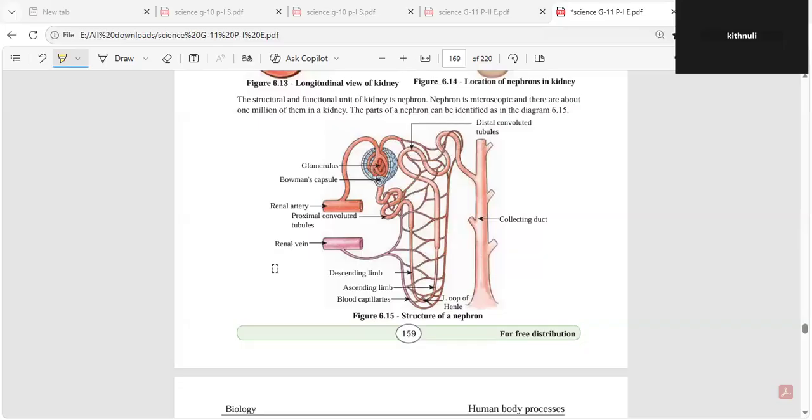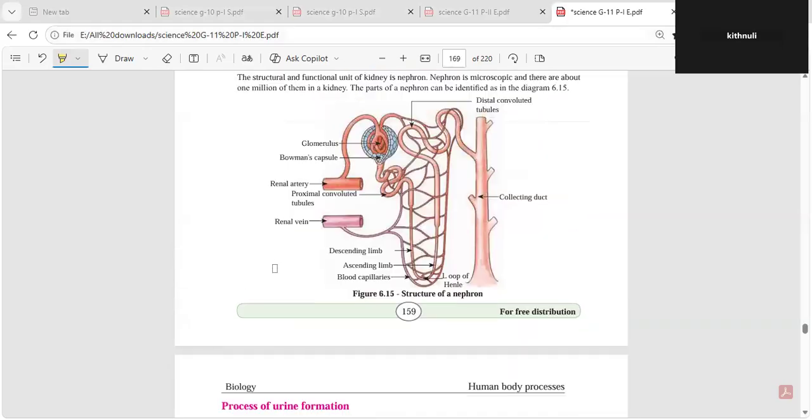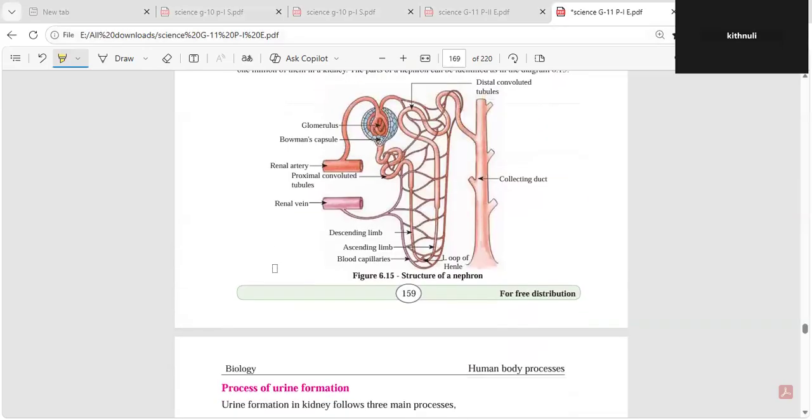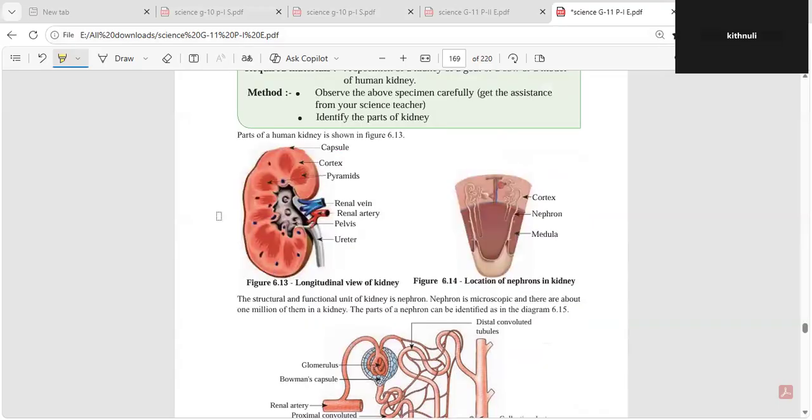Then, after all, the collecting duct will collect the filtrate of the other nephrons, and it will go to this pelvis part.